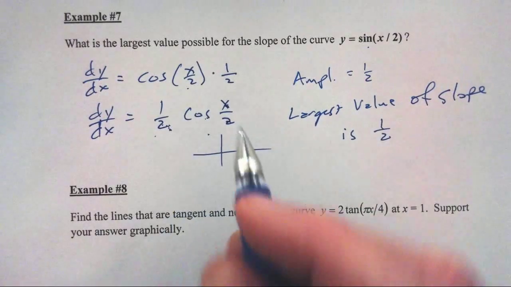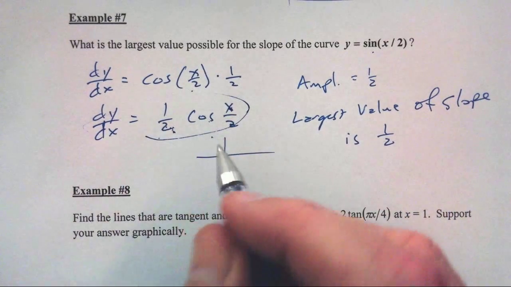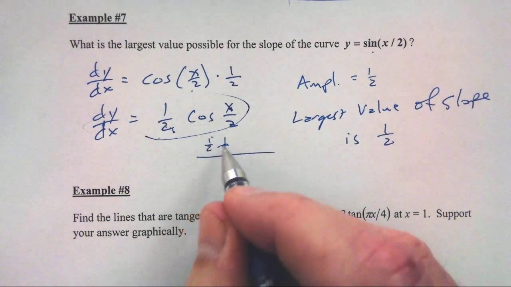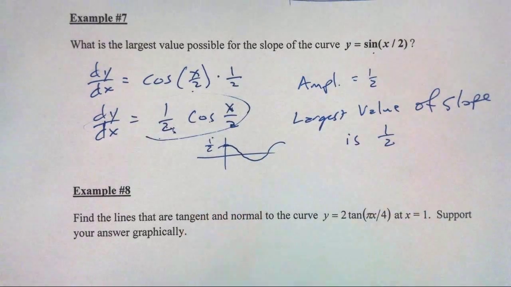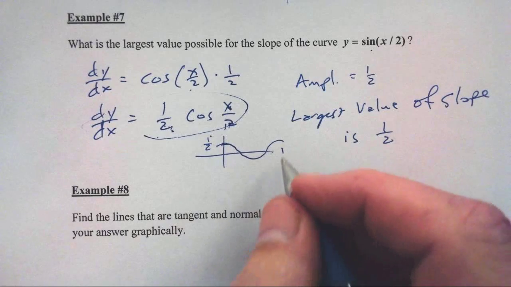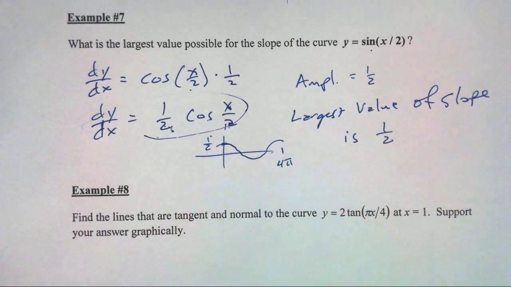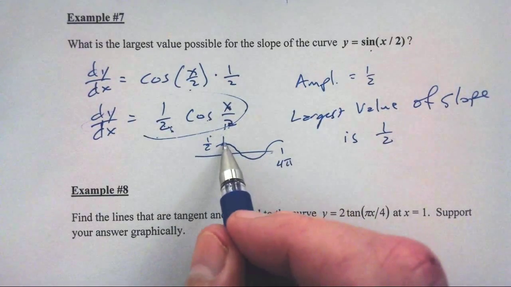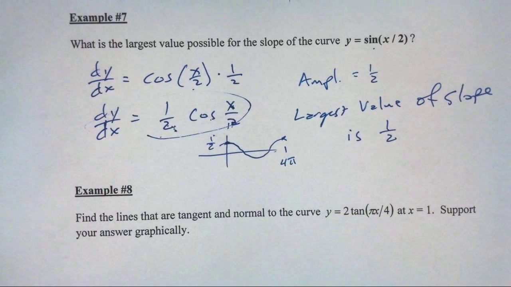The graph of this only goes up to 1/2. This is half as fast, so this would actually be 4 pi. But it only goes as high as 1/2, excuse me.